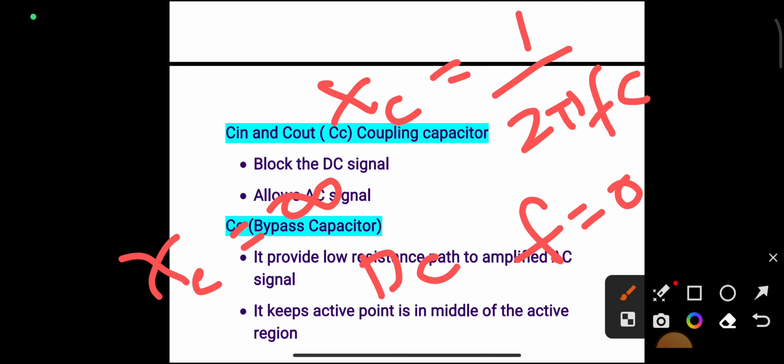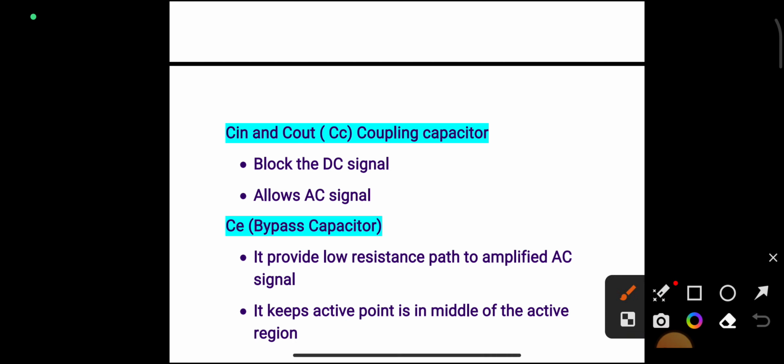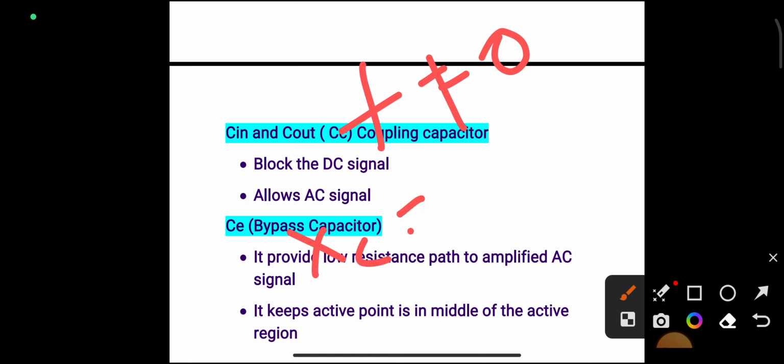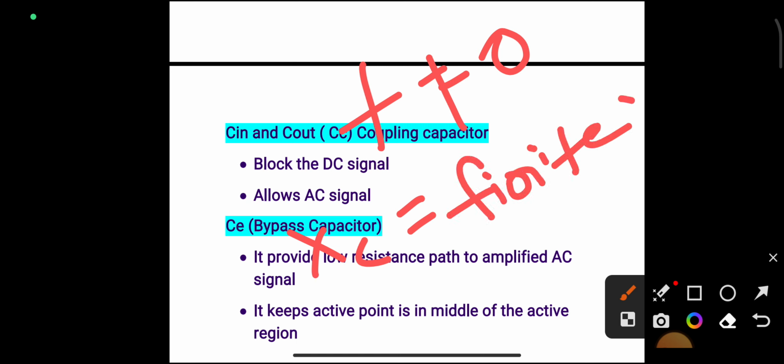Next, for AC signal, F has non-zero values. So XC has some resistance, a finite value.